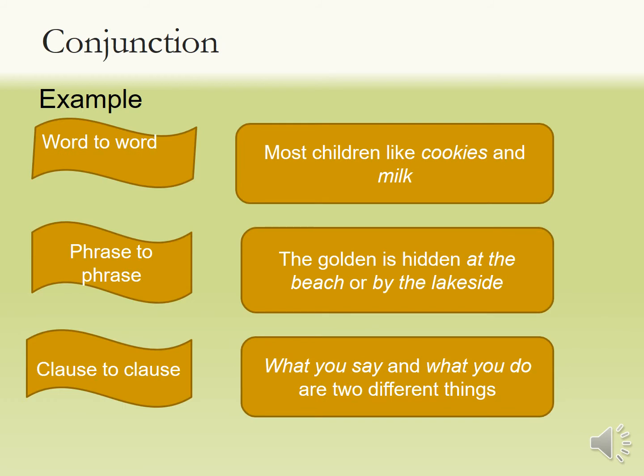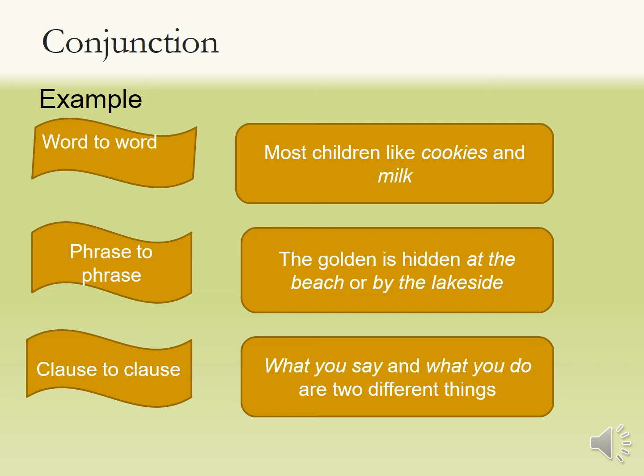The second concept that we ellipse is conjunction, and we also ellipse conjunctions in our statements. We see word to word, phrase to phrase, and clause to clause, and how we associate these concepts into the concept of ellipsis.